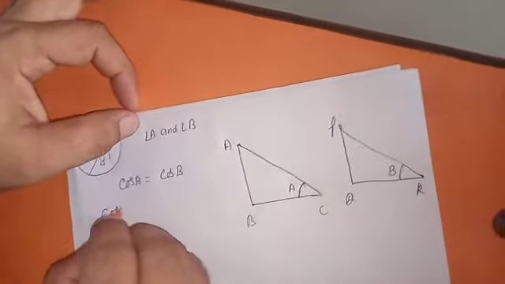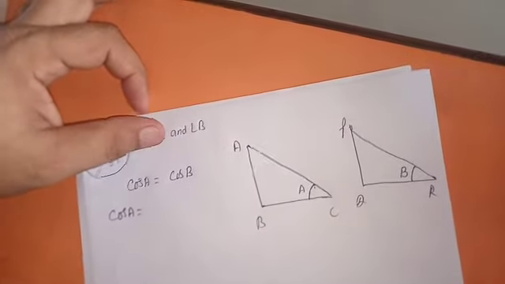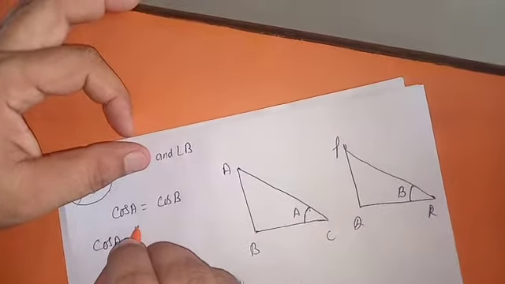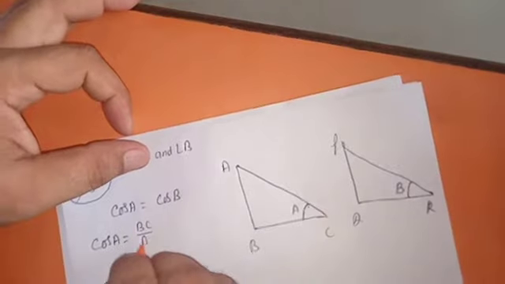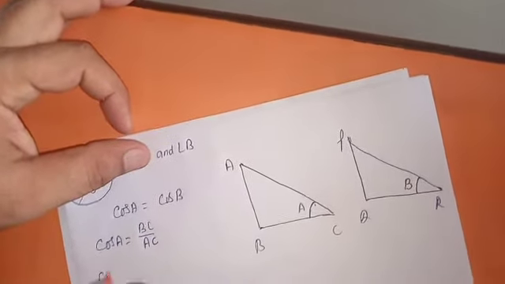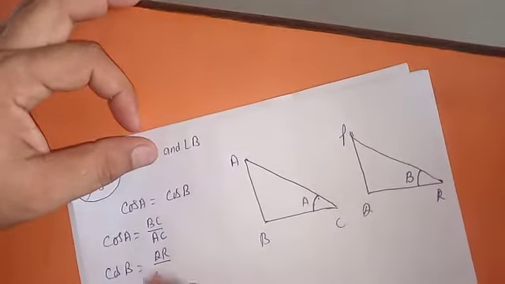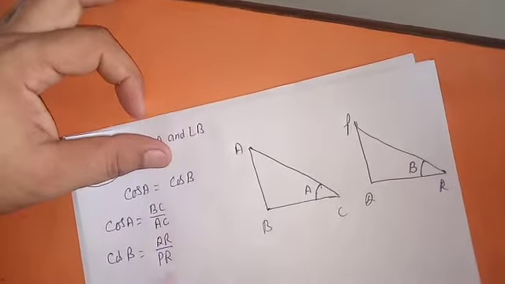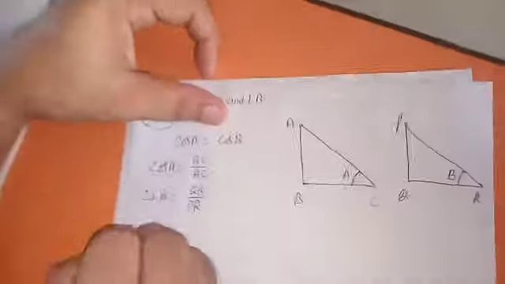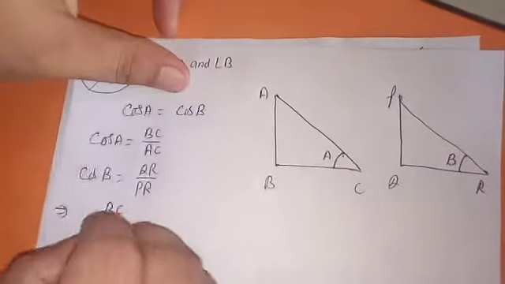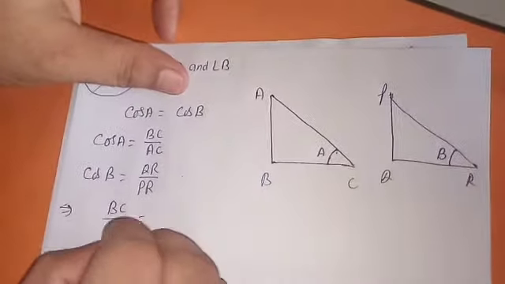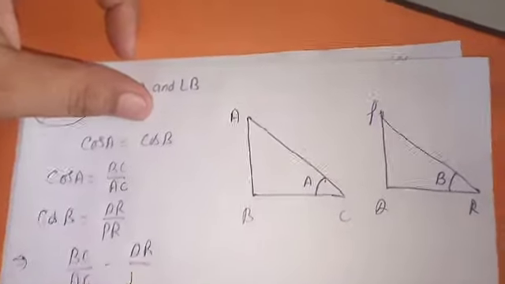What is cos of A? Cos of A is base BC by AC, and cos of B is QR by PR. This implies BC by AC is equal to QR by PR.